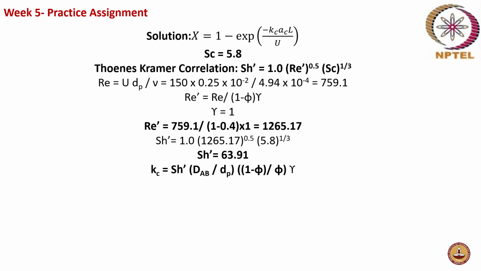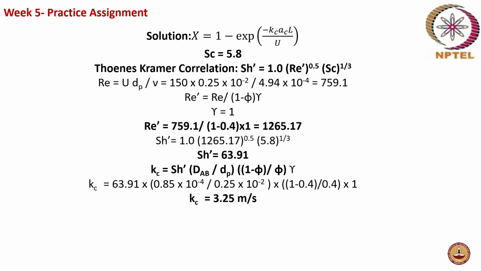Again, your Kc is equal to your modified Sherwood number into your diffusivity divided by particle diameter into 1 minus phi by phi into your shape factor. Substituting the values, you will get Kc as 3.25 meter per second.